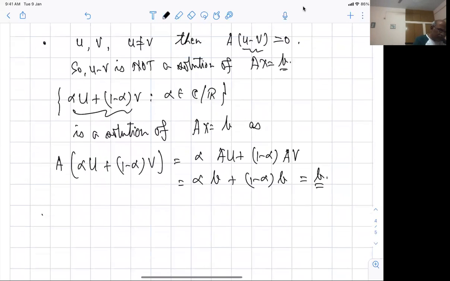All right. The other thing that I would like you to recall is that any solution of the system Ax is equal to B has two forms.